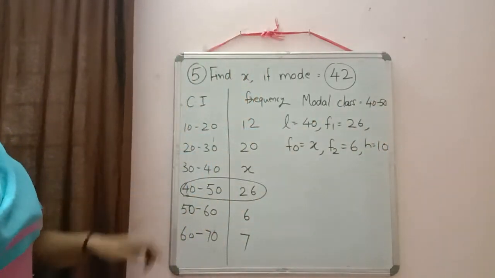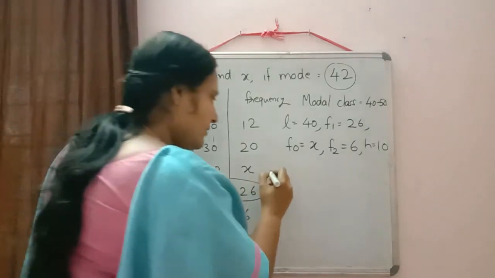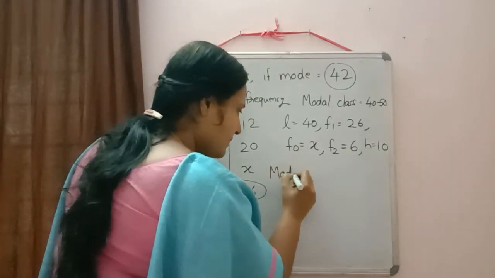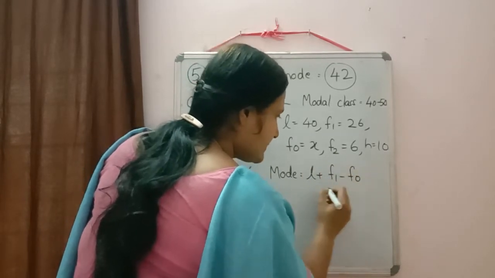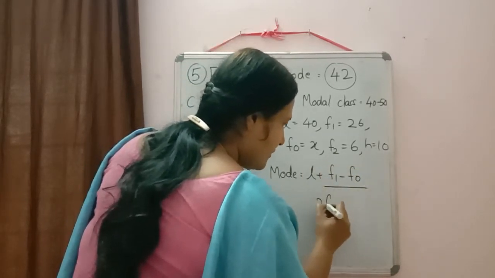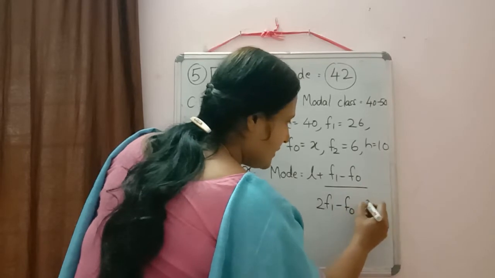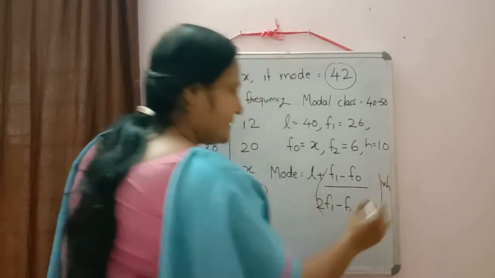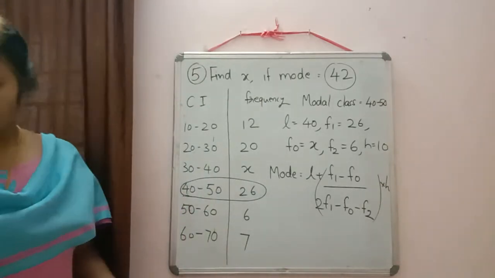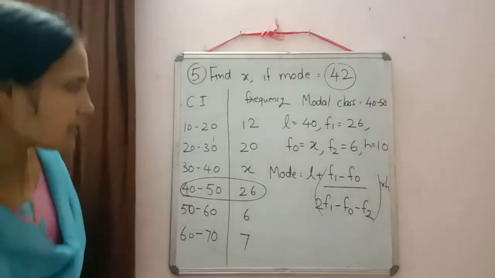Now we have all the things. Now first write down the formula. Mode is equal to L plus (F1 minus F0) by (2F1 minus F0 minus F2) into h. Now we have all the values. What will we do? We will substitute these values.